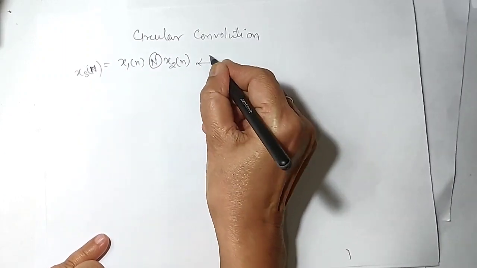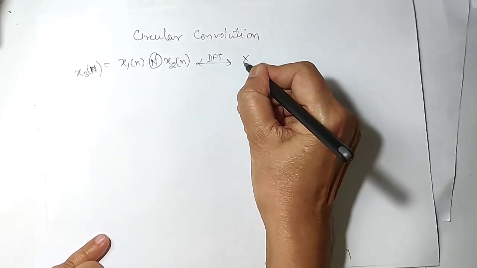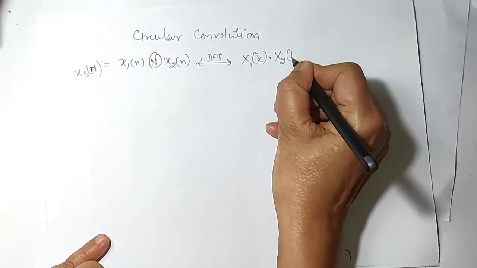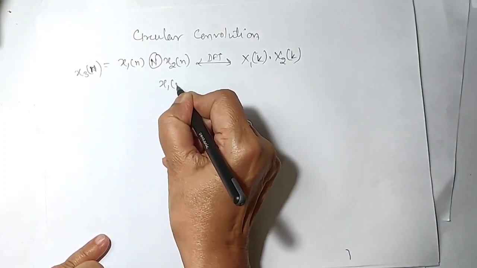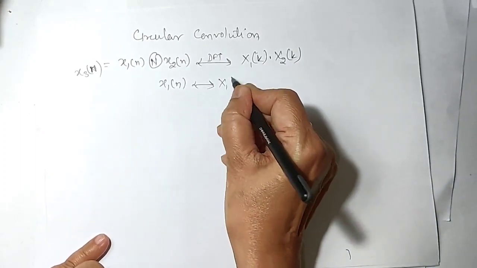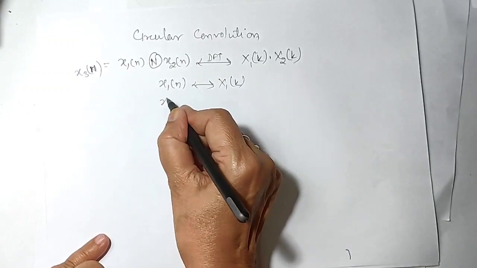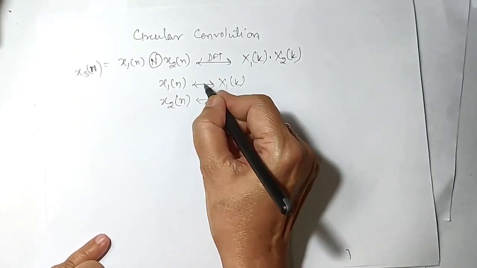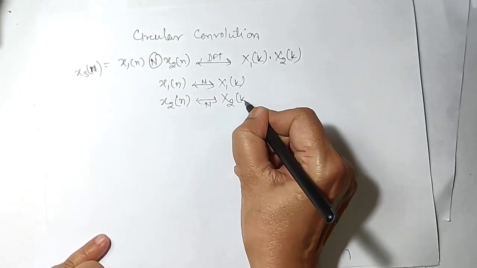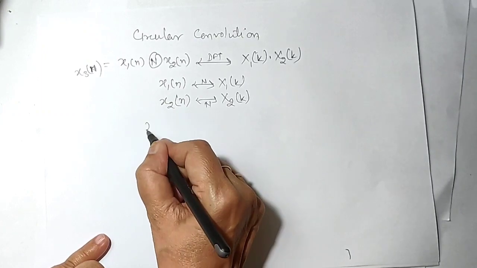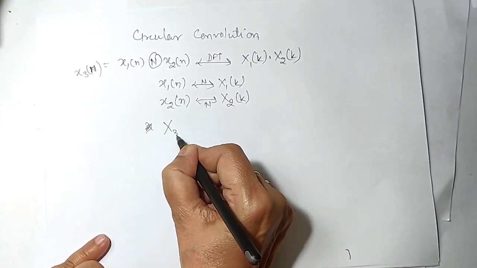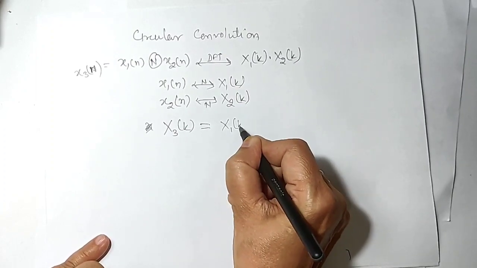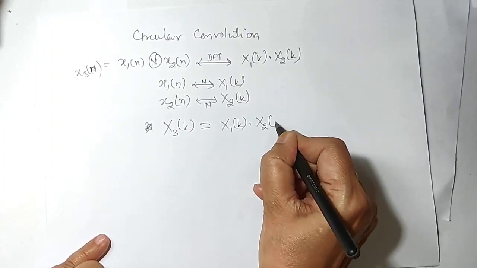So its DFT will be X1(k) times X2(k), where x1(n) has its DFT X1(k) with the same length, then x2(n) has its DFT with the same length, X2(k), and take the product to get this X3(k), that will be X1(k) dot X2(k).